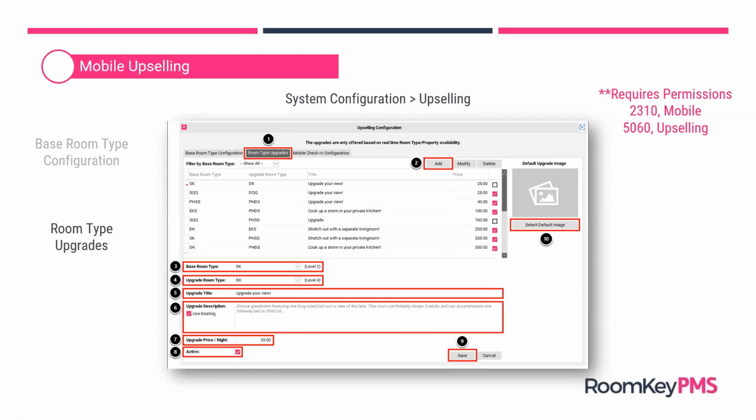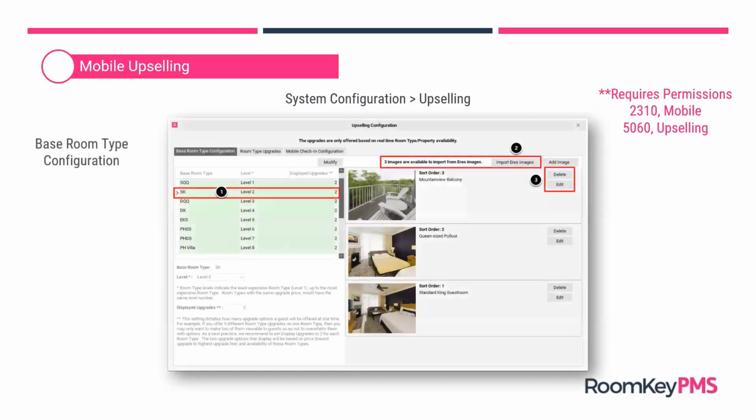Once you've saved this as a new room type upgrade, you can also choose a default image to show, and that is the first image that will appear when the guest is going through the mobile check-in. So they'll see that image first, and again, these images are going to be from the selection of images that you've uploaded in the previous step.